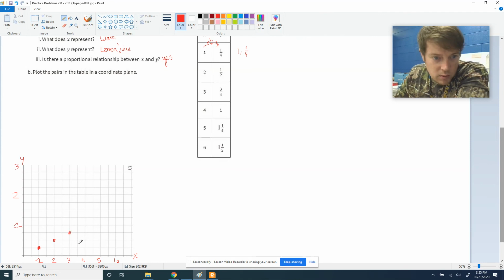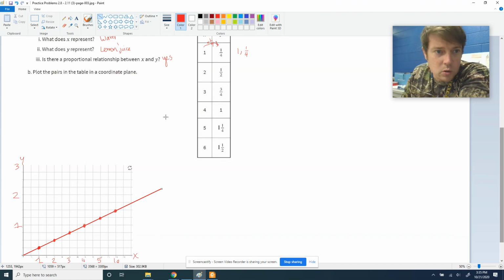I think you're starting to see the pattern that is coming about in this relationship. It's going up a 1/4 every time we go over 1 cup of water. 1/4 cup of lemon juice for every cup of water that we add to the recipe, and that's going to be constant, and it's going to be a straight line that goes through the origin.